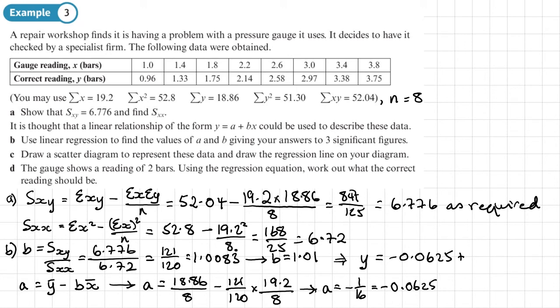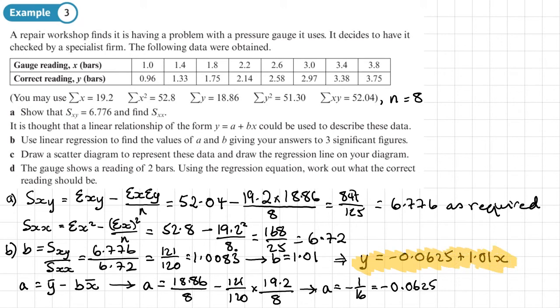Sorry, I'm looking at the wrong number there. Now, value of b is here 1.01. So y equals negative 0.0625 plus 1.01x.